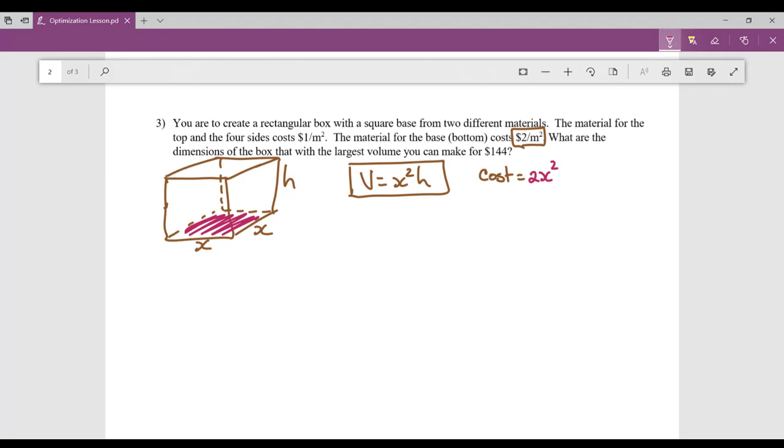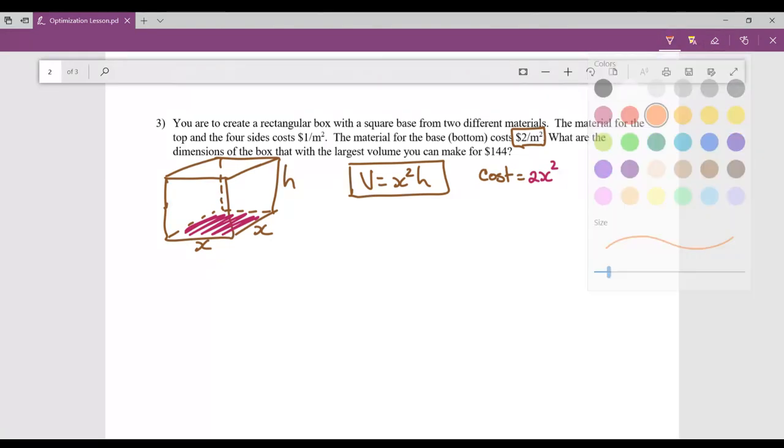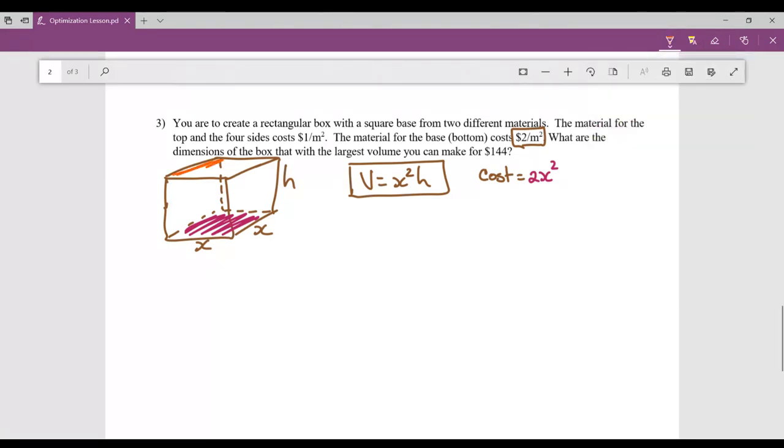The top, again, is a square, but the material is cheaper up here. It only costs $1. So plus 1 times x squared, where that 2 is the $2 and that 1 is the $1.